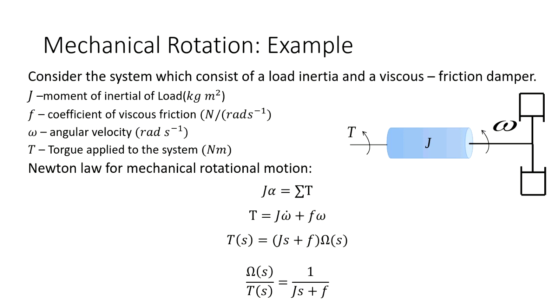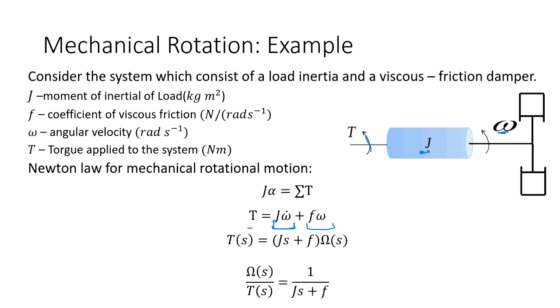So, as I was saying, here we have an applied torque, the moment of inertia, the angular acceleration, and then there is a damper here. So the torque is just the torque due to the moment of inertia plus the torque due to the damper.